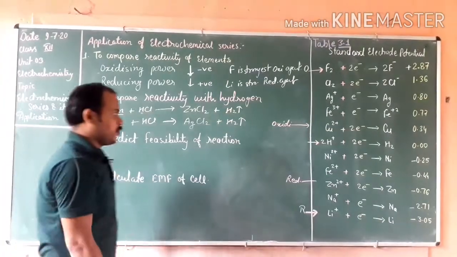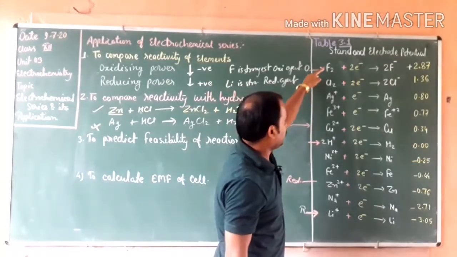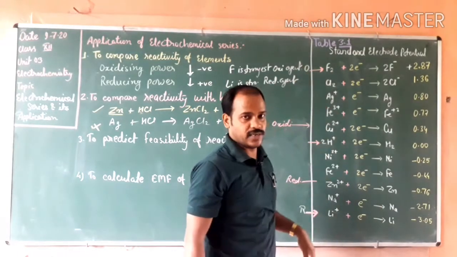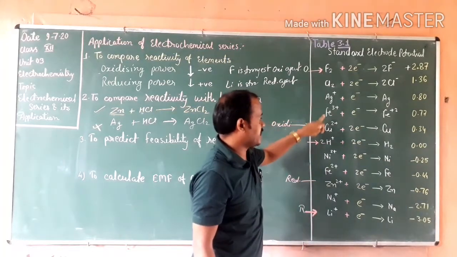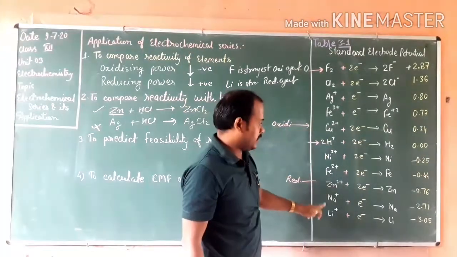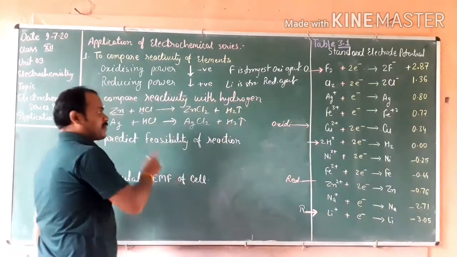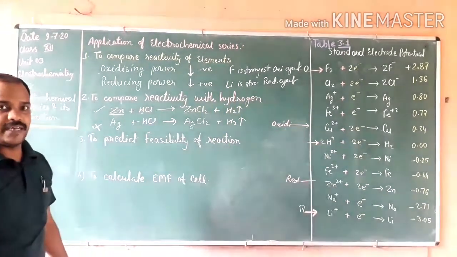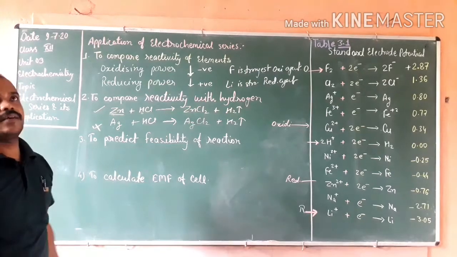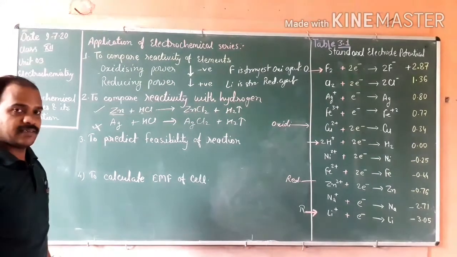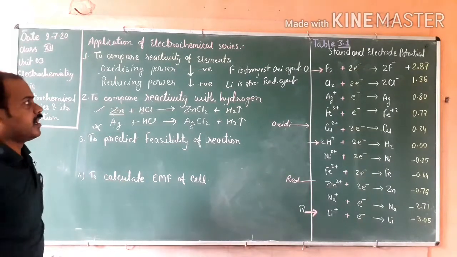So now from this point we can conclude the elements which are present above hydrogen cannot replace hydrogen, means they are less reactive than hydrogen. So here we have 2 points: negative electrode potential elements are more reactive than hydrogen. Positive electrode potential elements are less reactive than hydrogen.